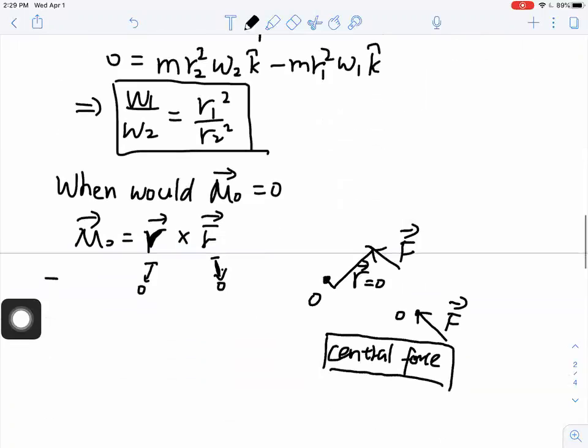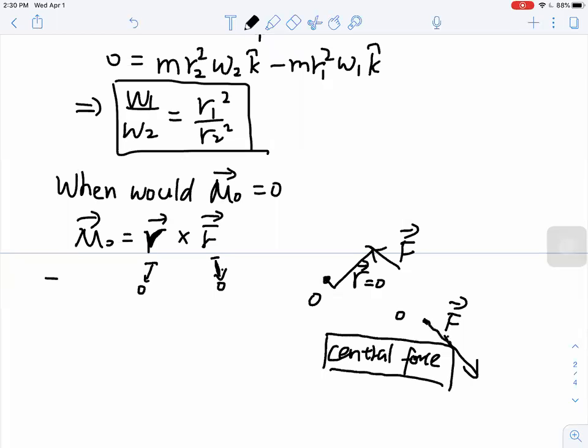In other cases, the force can be directed towards the fixed point, or away from the point, but you get the same conclusion.